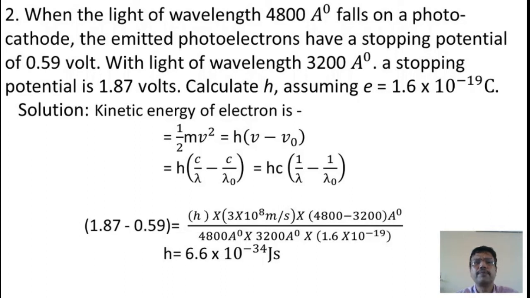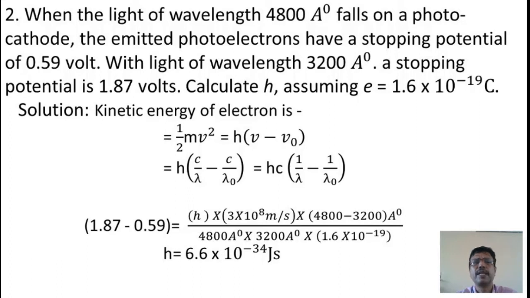The wavelength of incident light is given, λ1 = 4800 angstrom, that is equal to 4800 × 10^-10 meter. Stopping potential 0.59 volt implies the kinetic energy of photoelectron is equal to 0.59 electron volt. The meaning of this is energy in electron volt is equal to the stopping potential in volt.